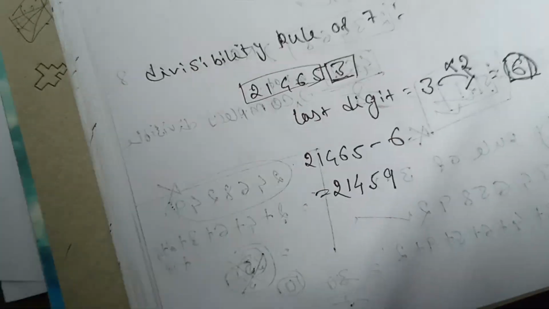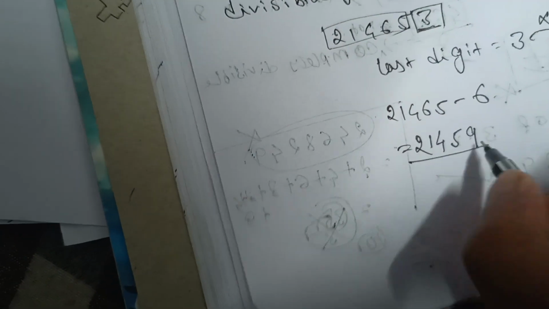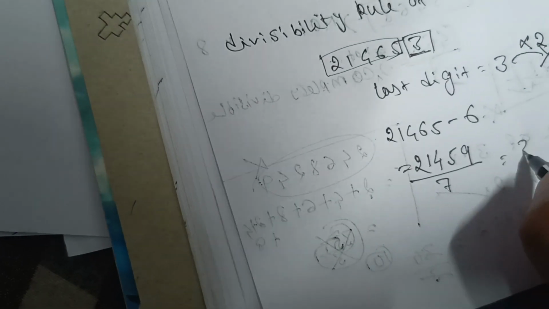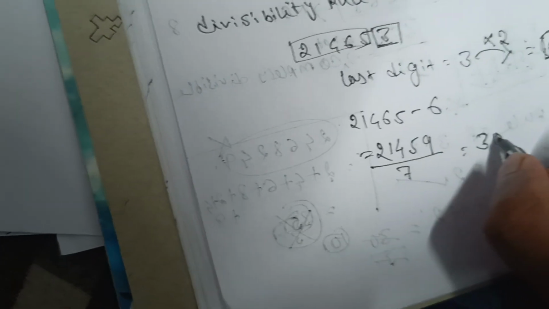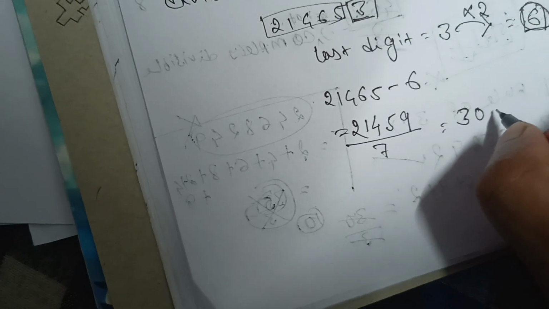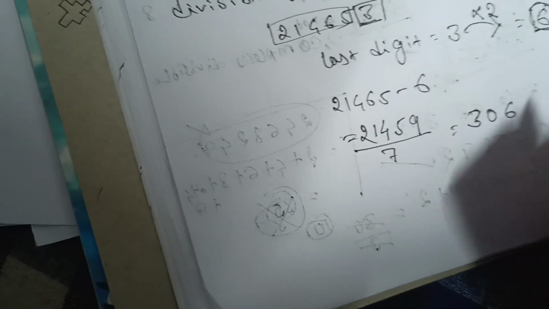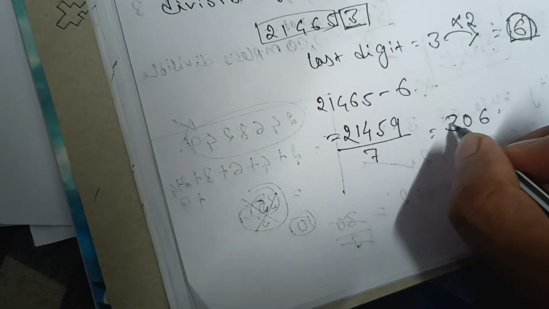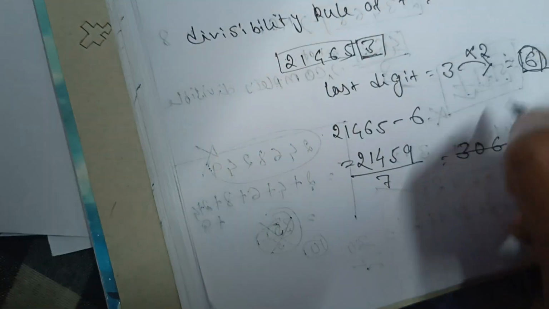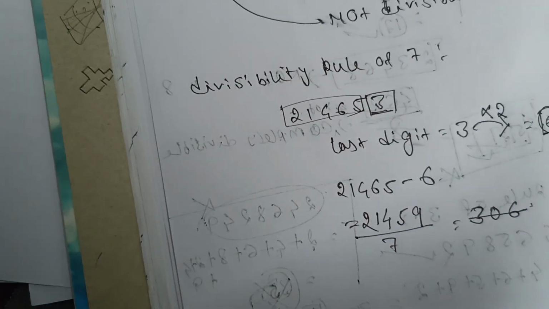You will get 21459, and then you have to check whether the number is divisible by 7 or not. 7 times 3 is 21, 0, but this is not completely divisible by 7, so the total number is not divisible by 7.